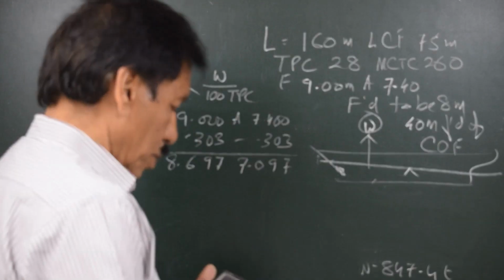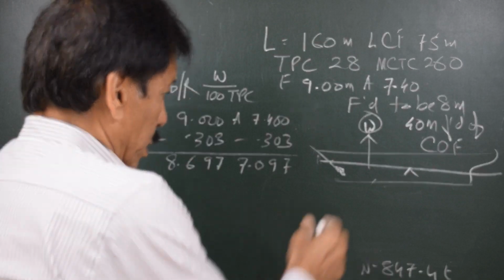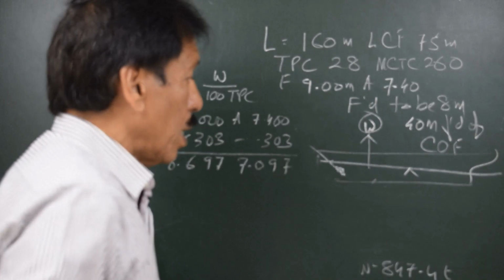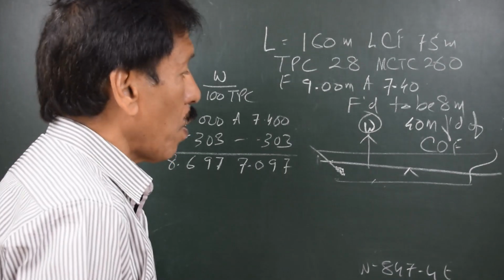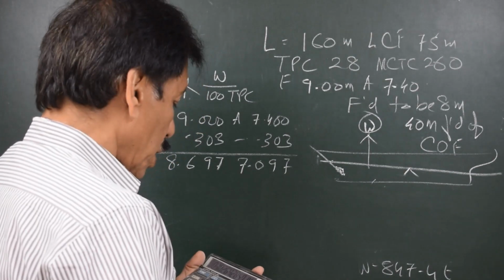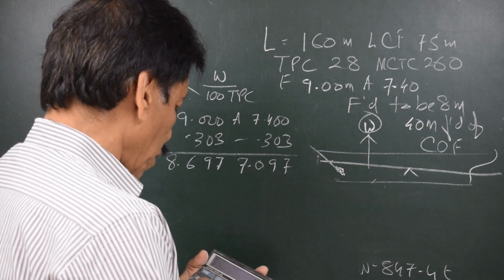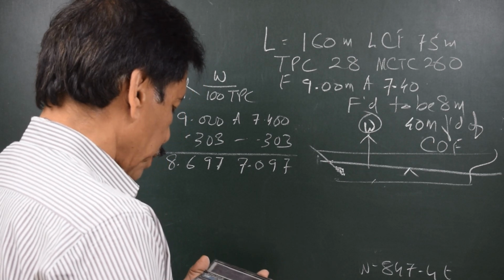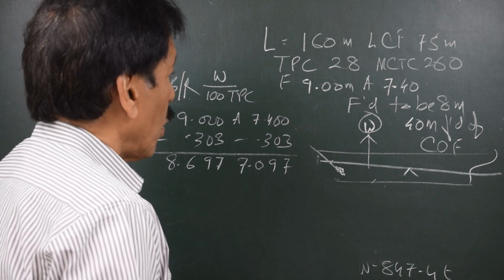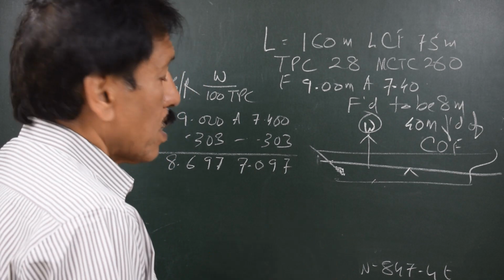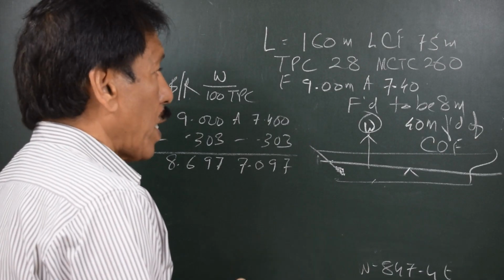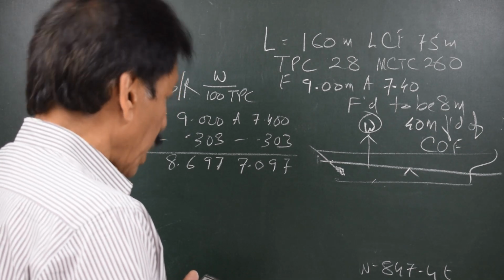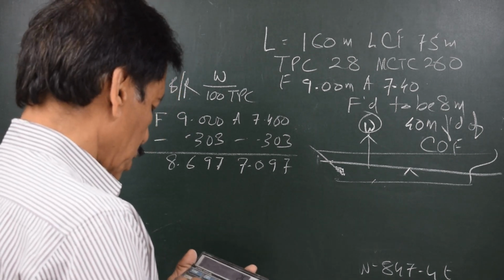Now the trim change is caused because we are discharging a weight of 847.4 from a position 40 meters forward of center of flotation. So the trimming moment is going to be 847.4 multiplied by 40. To find out the trim change, the trimming moment has to be divided by 100 MCTC, that is 260.